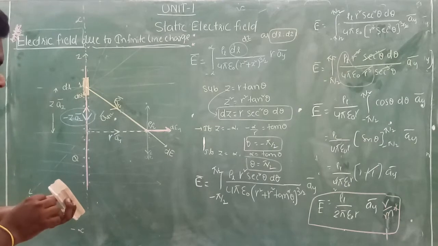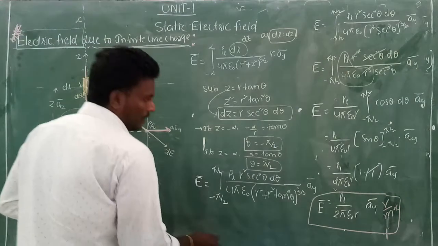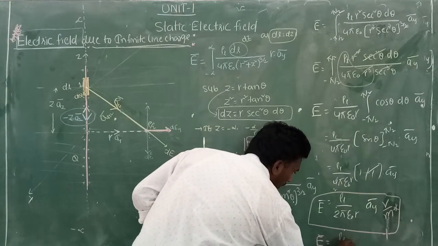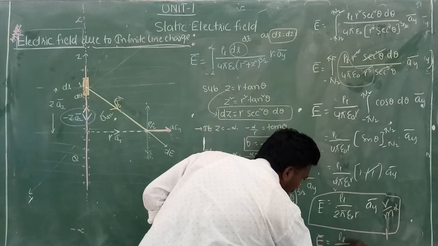Now see the general expression. If it is in r and if it is a_r bar, the general expression for electric field intensity will be like this: rho L by 2 pi epsilon naught into a_r bar.